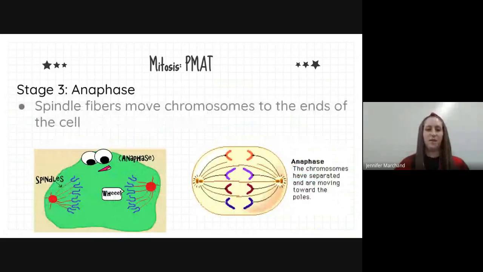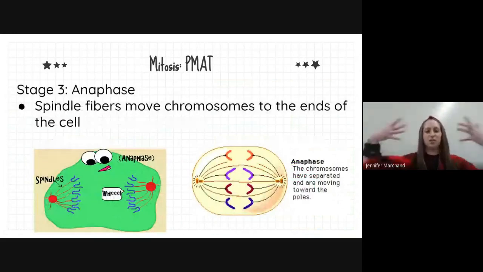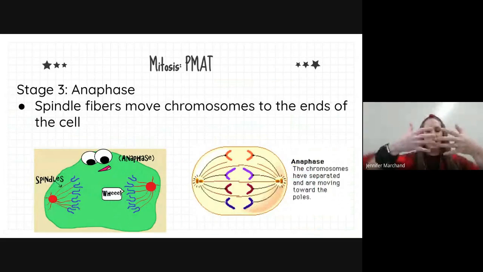Next, we have anaphase. In anaphase, those spindle fibers come in and attach to the chromosomes on either end, and that's when they pull those chromosomes to the edge of the cell, separating them to prepare for cell division.